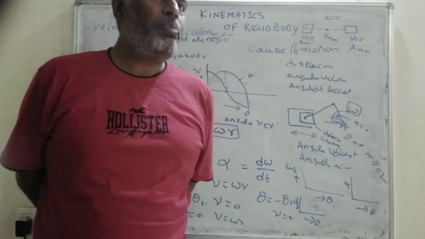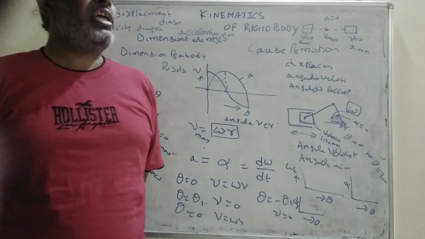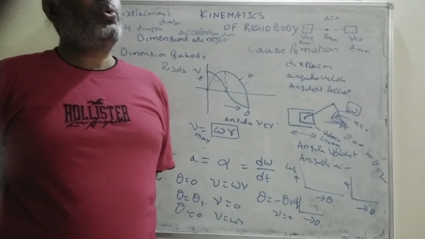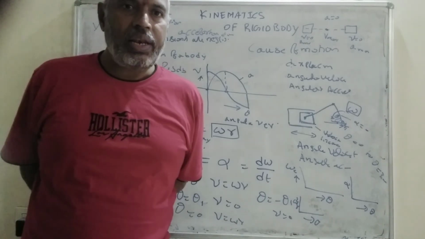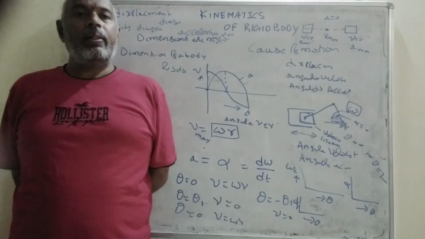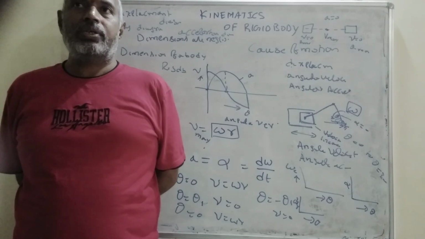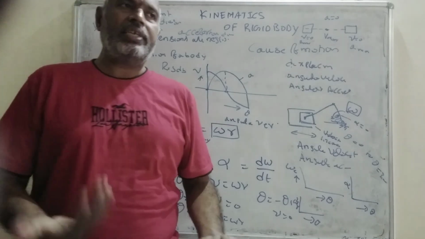These mechanisms will have some dimensions, and some velocity will be given as an input to one particular link, and how the other links move with angular velocity and angular acceleration, all this will be calculated in the kinematics of mechanisms.